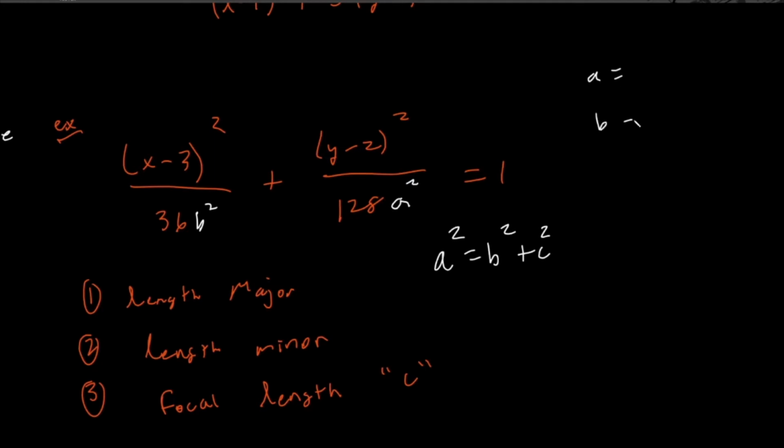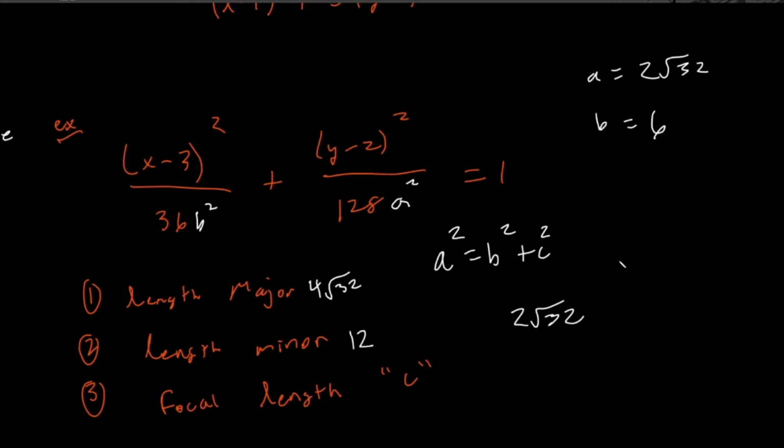B must be 6, so the length of the minor axis is 12. And then C, let's find a squared really quick. Well, a is the square root of 128. 128 you can divide by 4, so that's 2 root 32. That's a, 2 root 32. So the length of the major axis is 4 root 32.